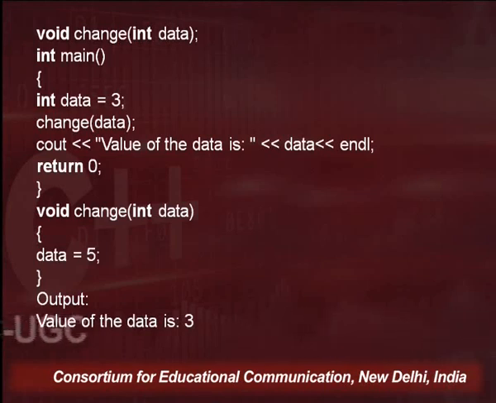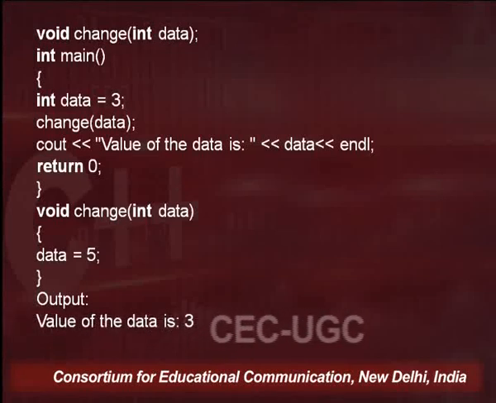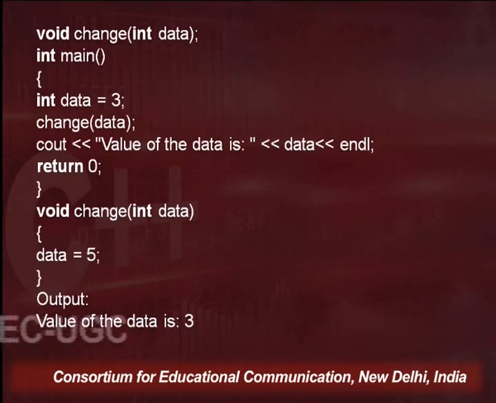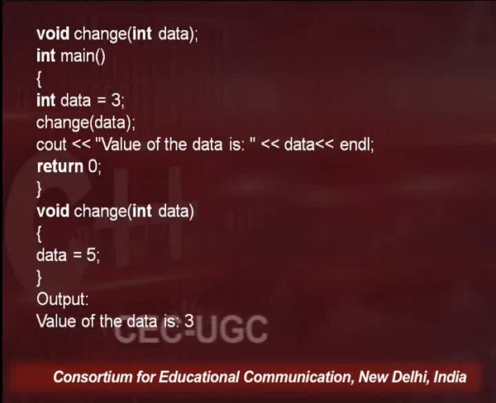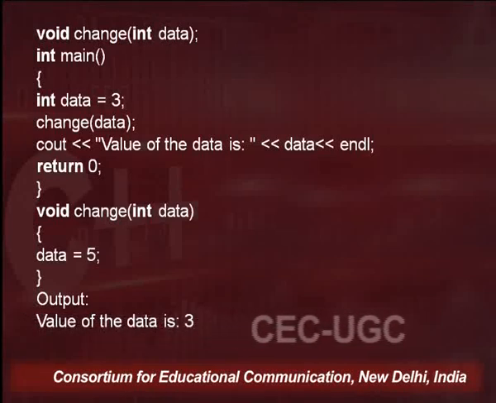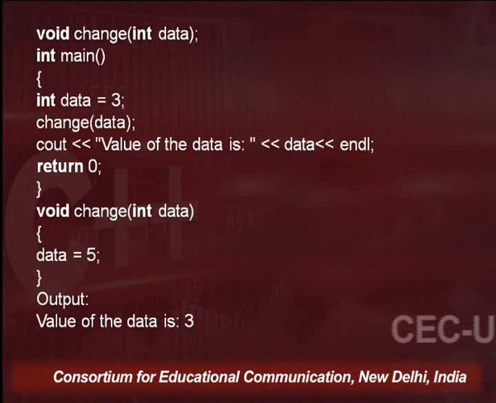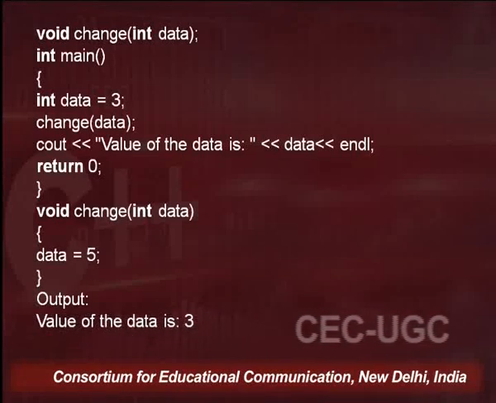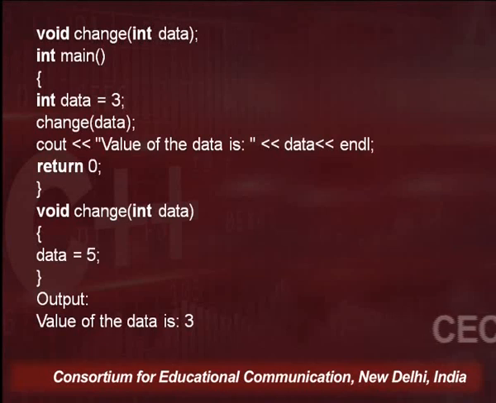So the value of data in main will be copied into the data of the change function, which is your formal parameter. Even if the names of actual and formal parameters are the same, there are going to be two different copies. Now within the function, if I say data is equal to 5, which data is equal to 5?